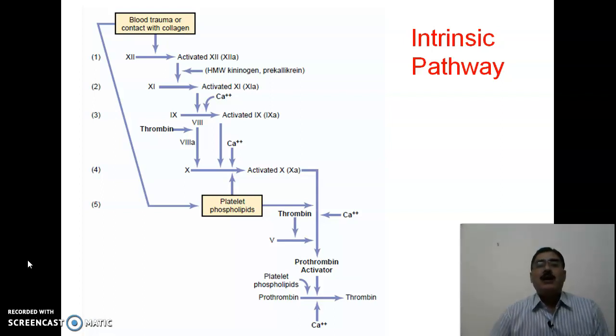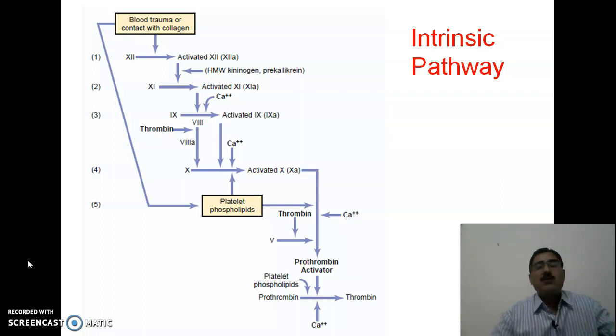Now the factor number 10 in presence of the calcium ion and thrombin activates the factor number 5, and there is formation of the prothrombin activator complex. Again, there is requirement of platelet phospholipids, and the prothrombin is converted into thrombin in presence of the calcium ion.